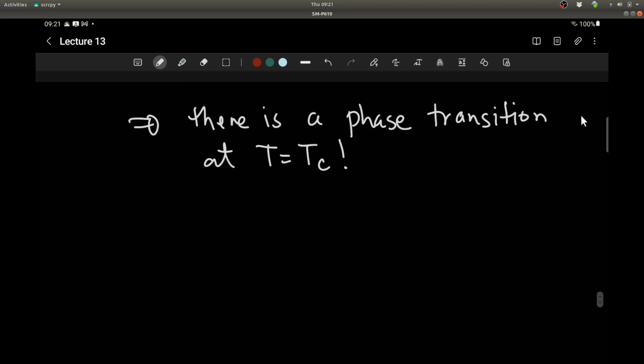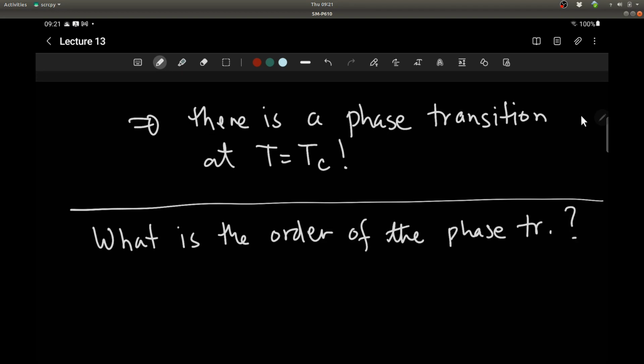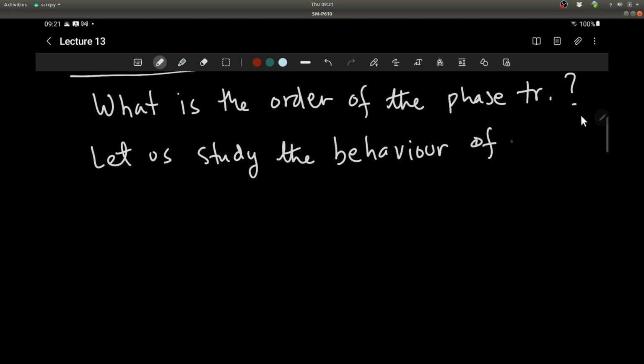Okay, so let us now try to understand what is the order. Now the next question to ask is, what is the order of the transition? So something should become singular, and what we will do is, for this, let us study the behavior of M star close to Tc.